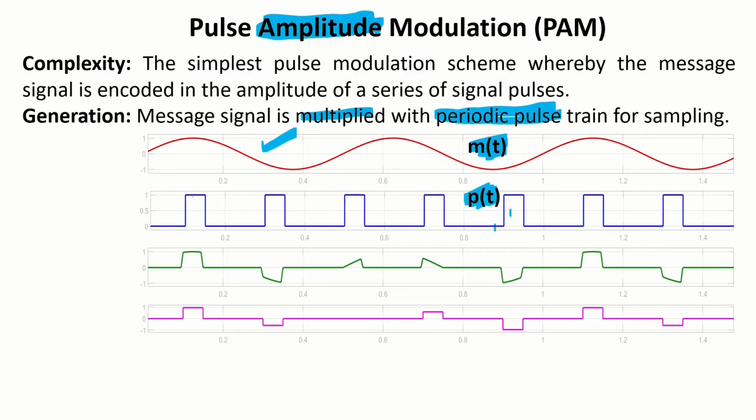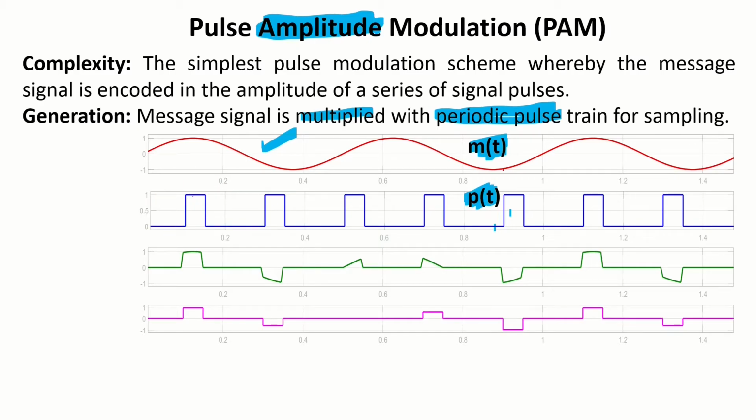Note that this periodic pulse train has a time period, say Ts, and the gate or the rectangular function is basically available over here, which takes a fraction of this time period Ts, and it has an amplitude of 1, and then it repeats at regular intervals.